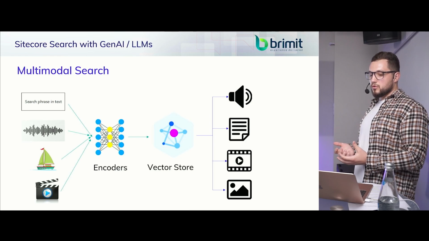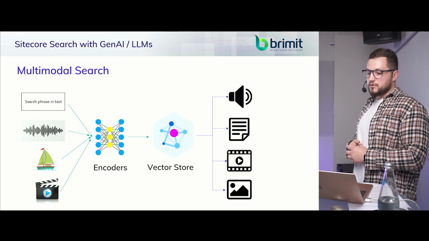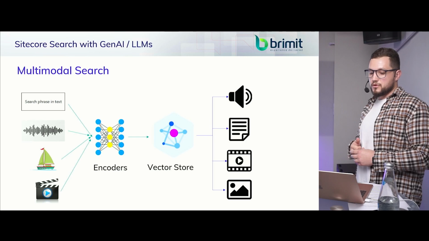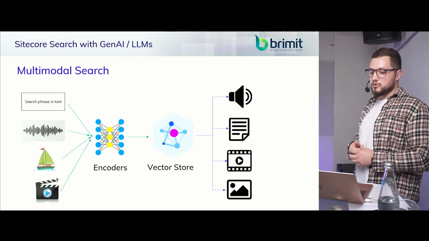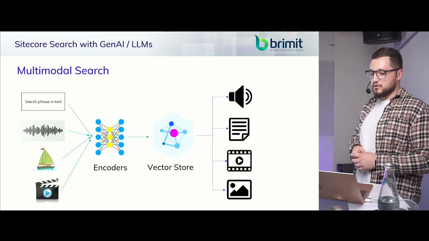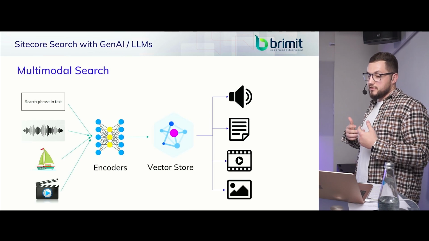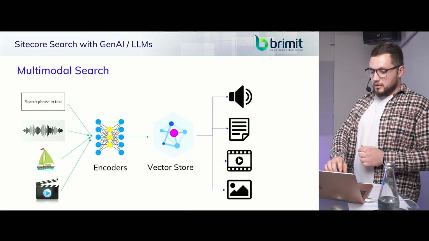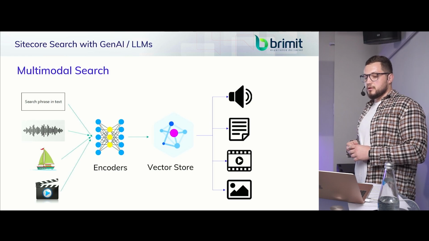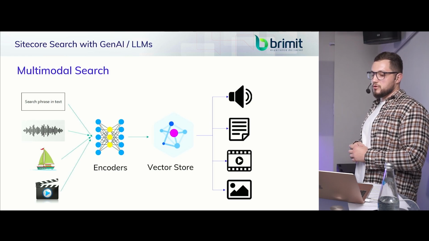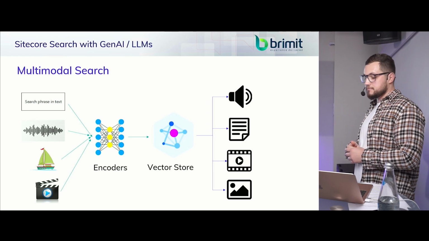And it is a really cool part, because now the user question can be not only in text format. It can be an image or audio, even a video. And also, we can retrieve any format of data in the search result.